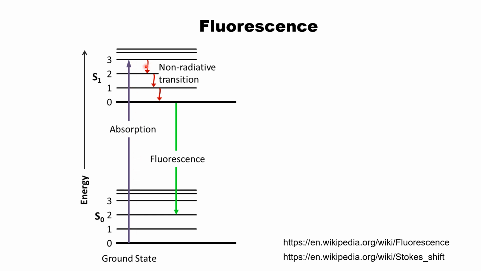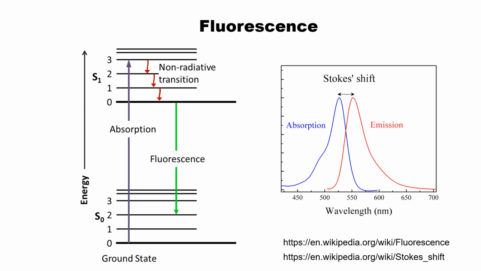And then, by releasing some part of the energy, the excited molecule is relaxed here, and then it can emit light. Because the emission light has a smaller amount of energy than the absorbed light, usually the wavelength is shifted from absorption to emission, becoming longer wavelengths.